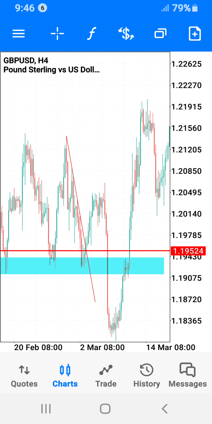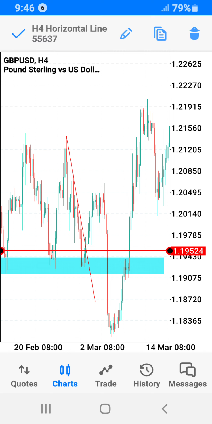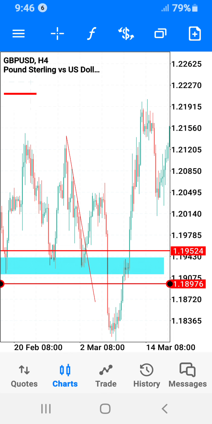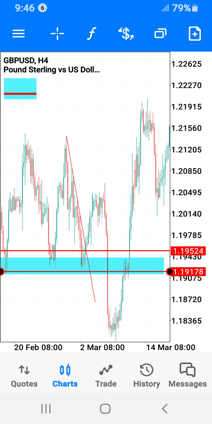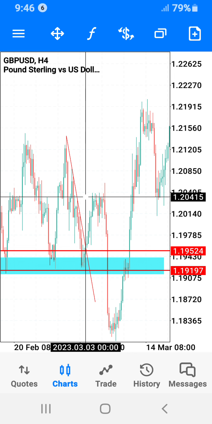Our stop loss was 30 pips. So since we have our stop loss and our entry, we don't know what's going to happen.